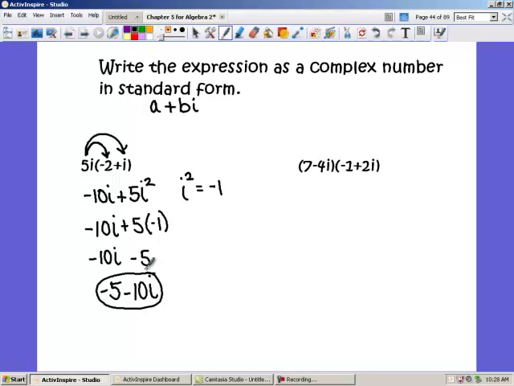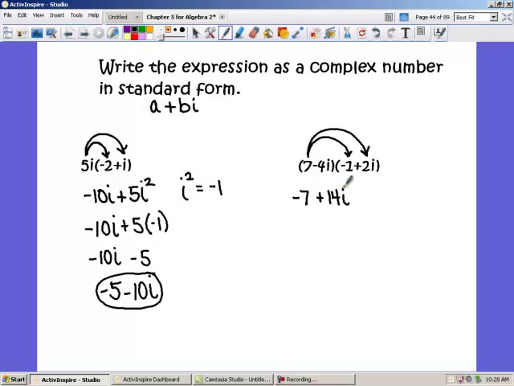Okay, over here on the second example, we have two expressions. So you can do the box method or you can do the FOIL. I'm going to do the FOIL method in this one. It really doesn't matter which one you choose. So we're going to take 7 and multiply it by negative 1, which is negative 7. And now we're going to take 7 times 2i. So that's a positive 14i.